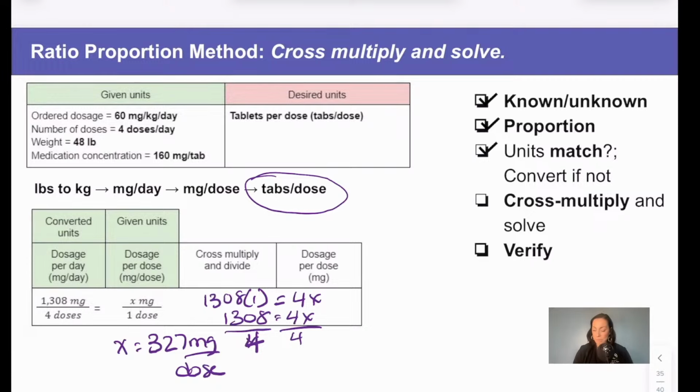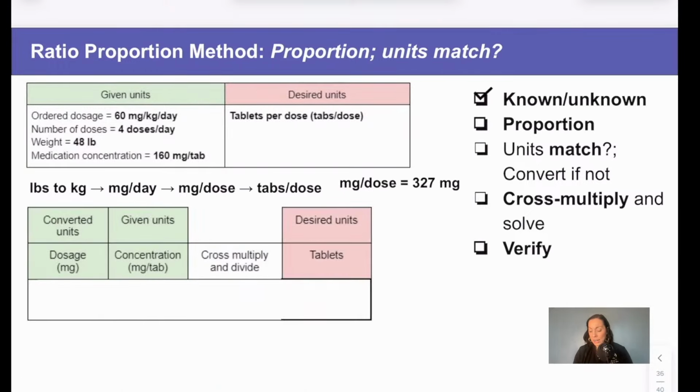Perfect. Y'all are getting it. All right, so with this last step, remember, we had that label and it told us that we had 160 milligrams per 1 tablet. So we can take our 327 milligrams and write that. And we want to know this relationship to tablets.